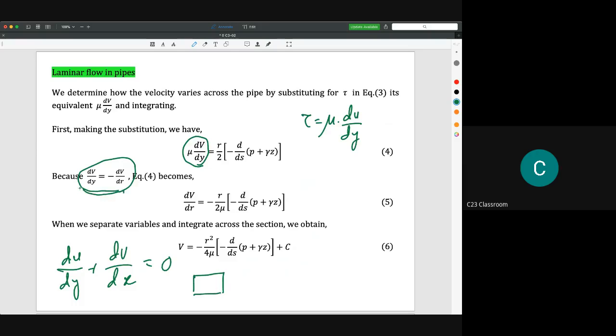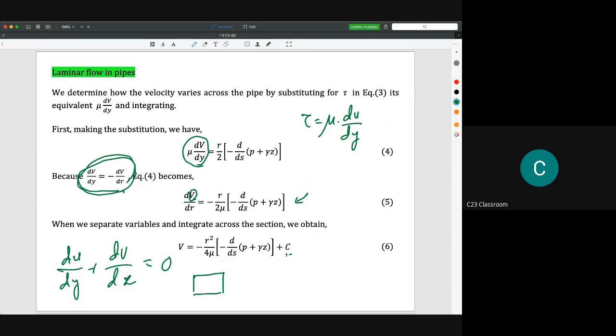Here we are using the conversion between the Cartesian coordinate and the polar coordinate. So we could say that dv dy is now actually negative dv dr. We substitute that into this one, so we have this term, and if we integrate them we get the value of v here.